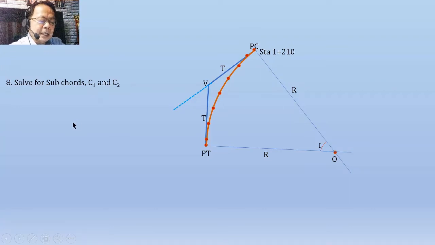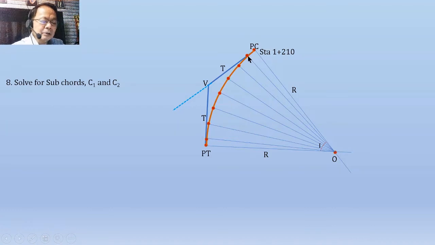If we draw this, the chord here will be subtending an angle. The angles subtended by the full stations are defined as the degree of curvature. And this small length, our subchord C sub 1, will be subtending a small angle called the subangle.